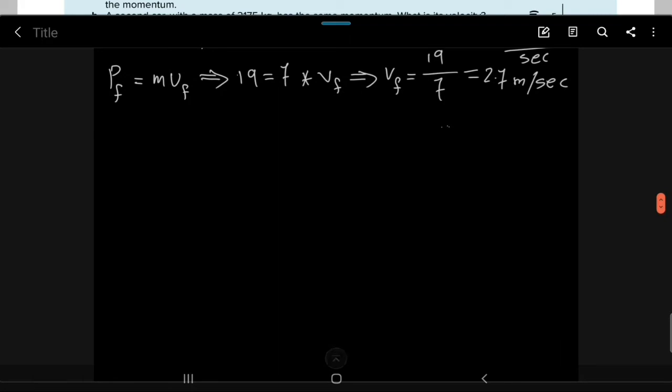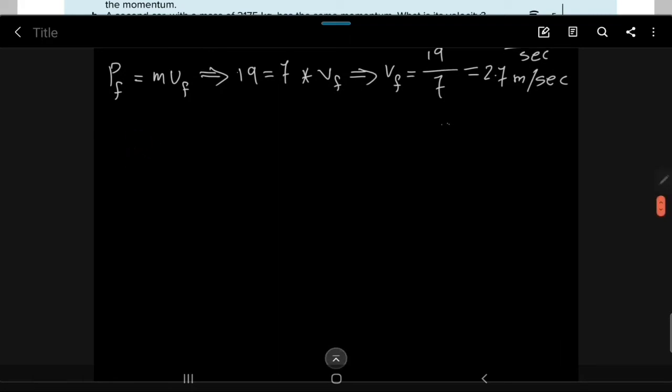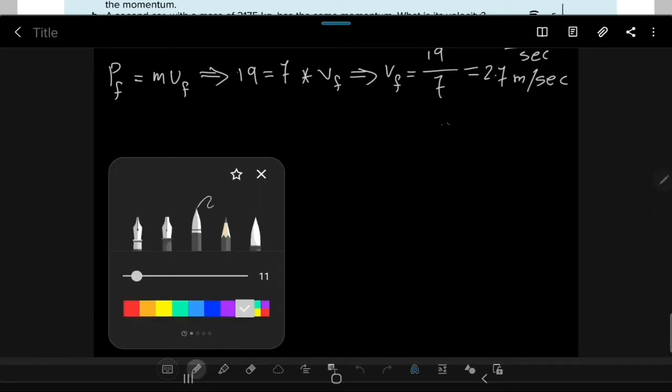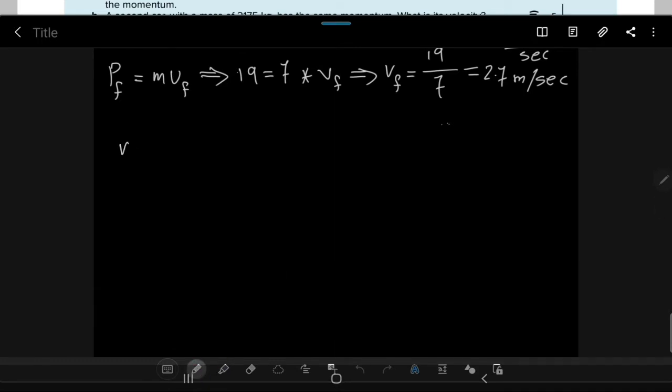We have the same mass, which is equal to 7 kilogram. And also we have the same velocity, V initial, equal to 2 meter over second. And we need to find V final.